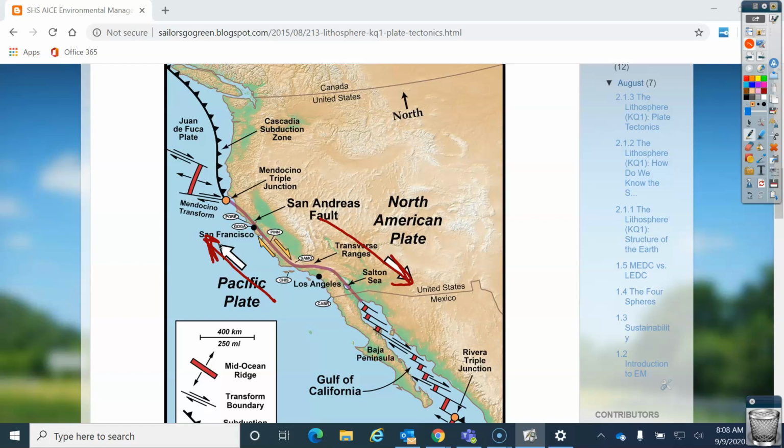And that's going to cause friction to build up as these plates move past each other, against each other. This happens very, very slowly. But over time, that pressure will build up, and then at some point, it will break apart and it will snap.